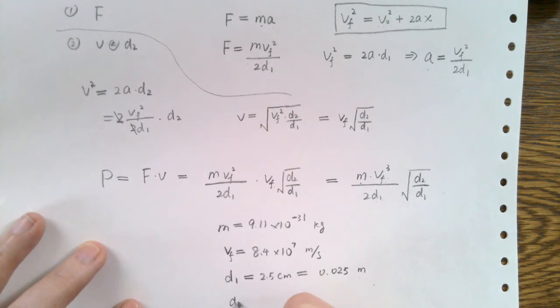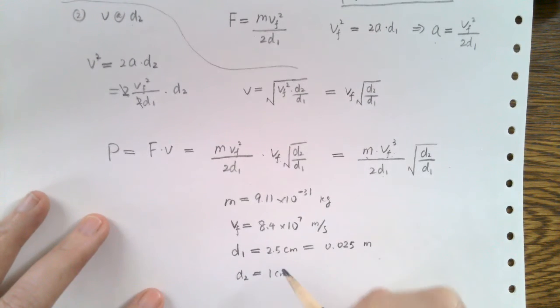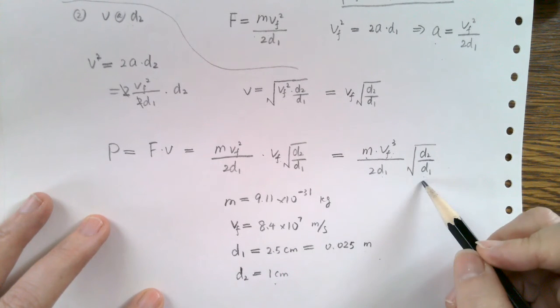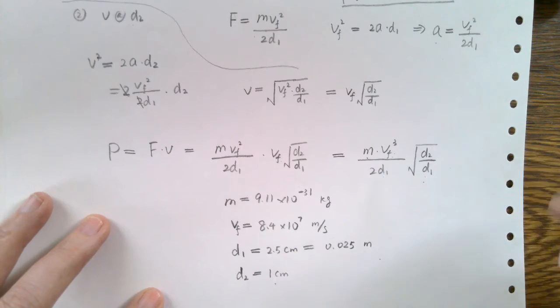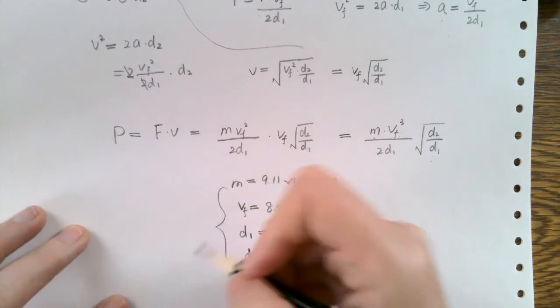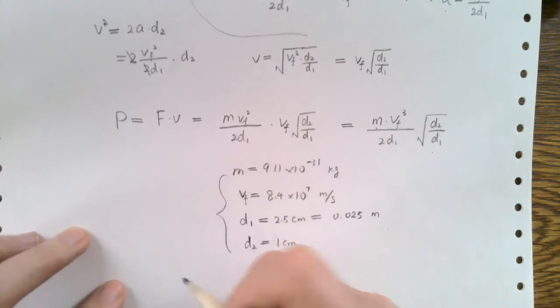So we get m Vf cubed over 2 d1, and then the ratio of d2 over d1. So d2 equals what? 1 centimeter. Okay, for this one, we do not need to convert to meters because for d2 over d1, as long as they have the same unit, they cancel each other. So now plug those numbers into the expression above.